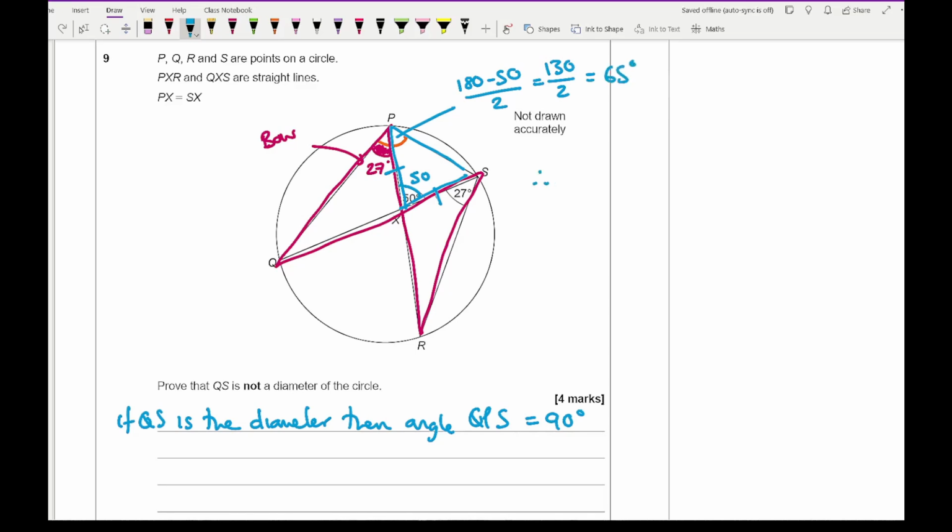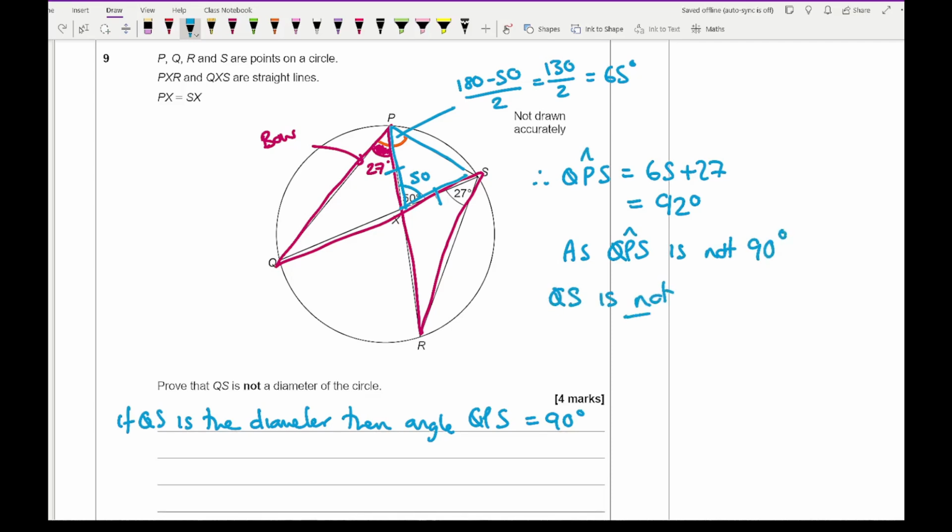So therefore, angle QPS is going to equal 65 plus 27, which is 92 degrees. So as QPS is not 90 degrees, QS is not the diameter of the circle.